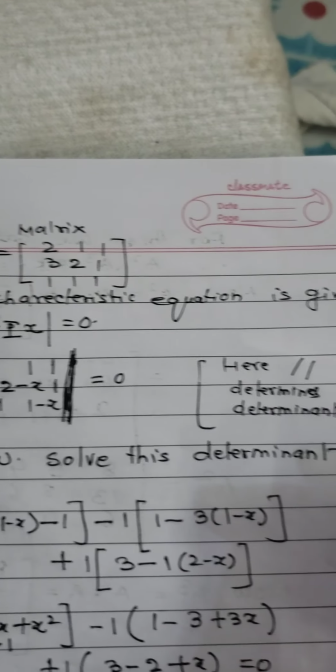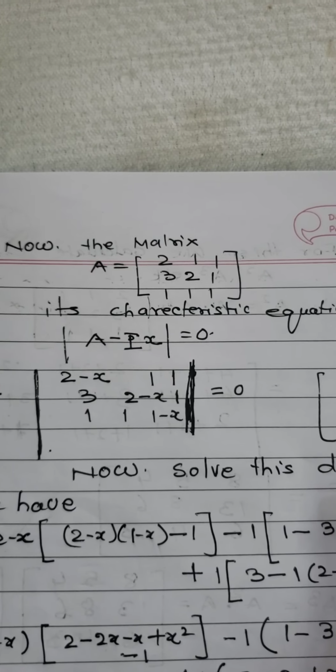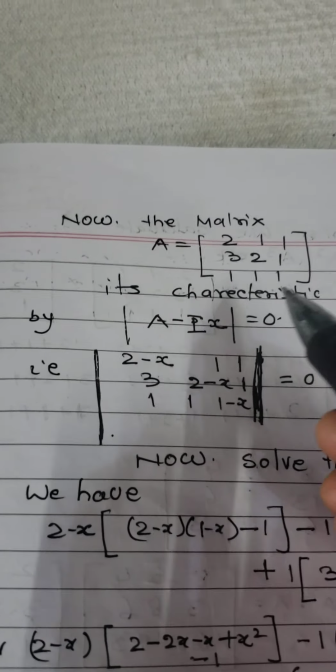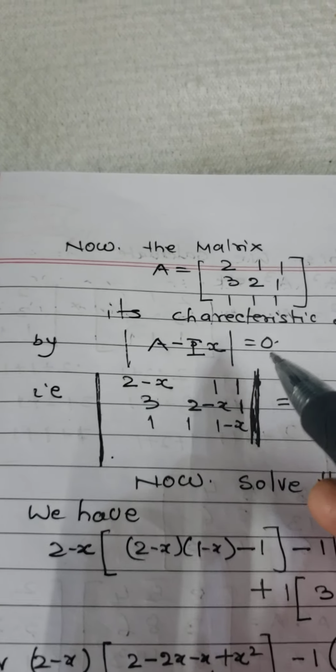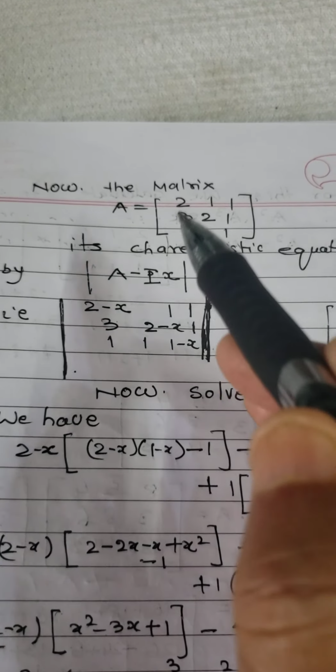Its characteristic equation will be determinant of A minus xI equal to 0. Diagonally we subtract: 2 minus x, 2 minus x, 1 minus x. This is the characteristic equation of the given matrix A.